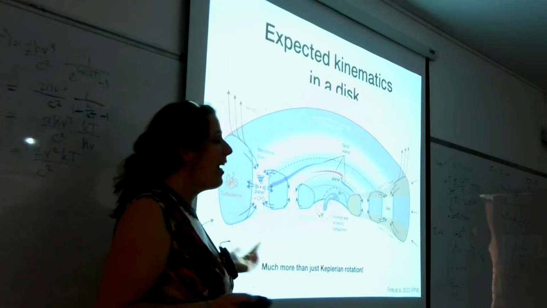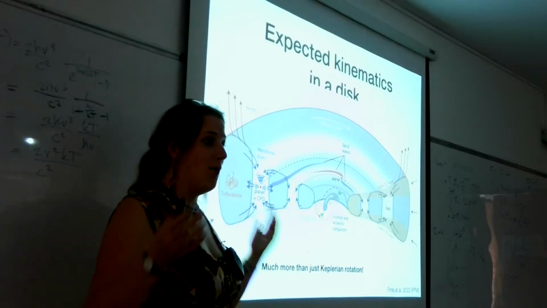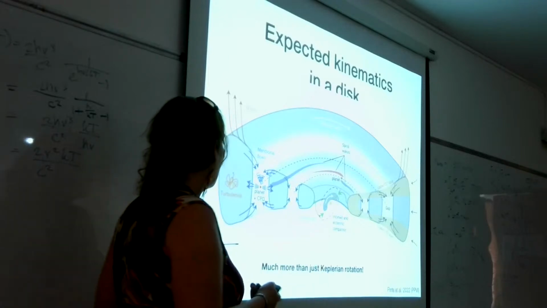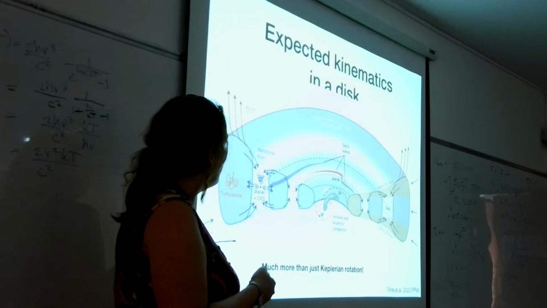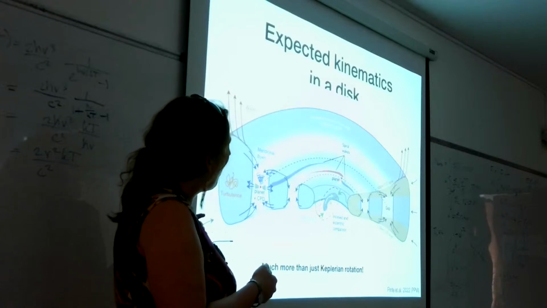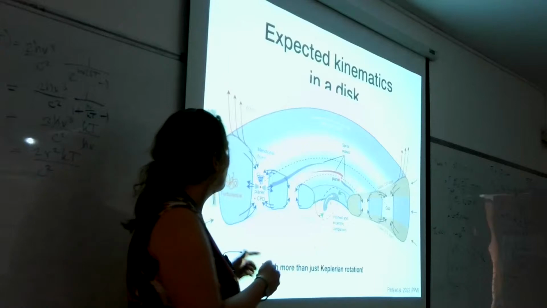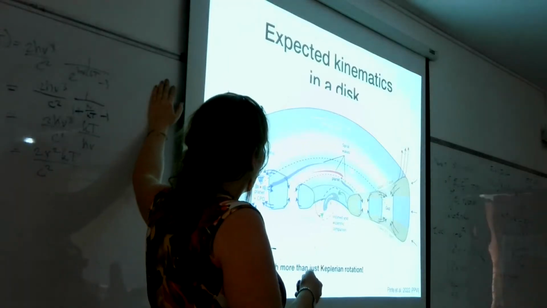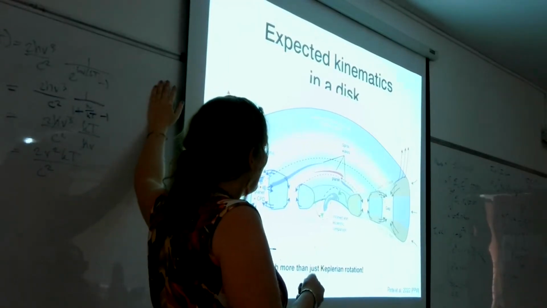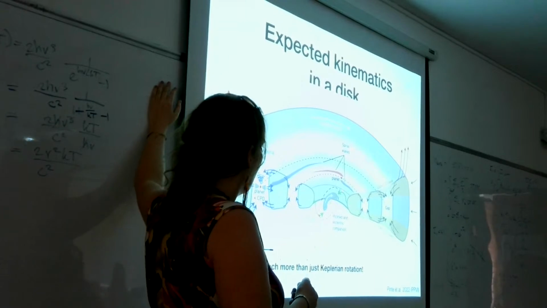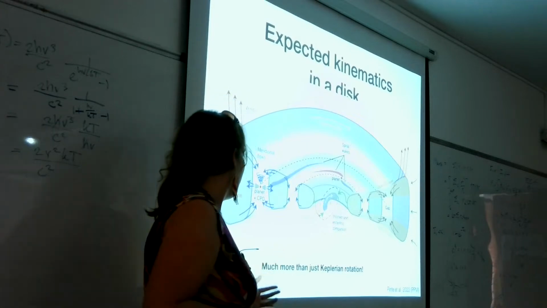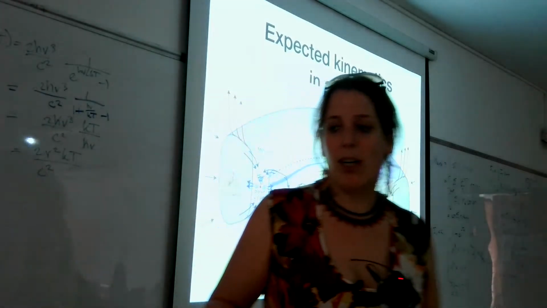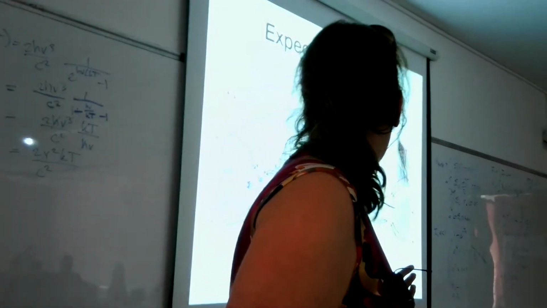The planet itself may have a circumplanetary disk, which may also be detectable with kinematics. Radial flows through the gap, spiral waves. If a planet triggers a spiral density wave, then there are some predictions that say that you should see that in the kinematics of the CO. And finally, the gap itself. So there's a lot more than just Keplerian motion.